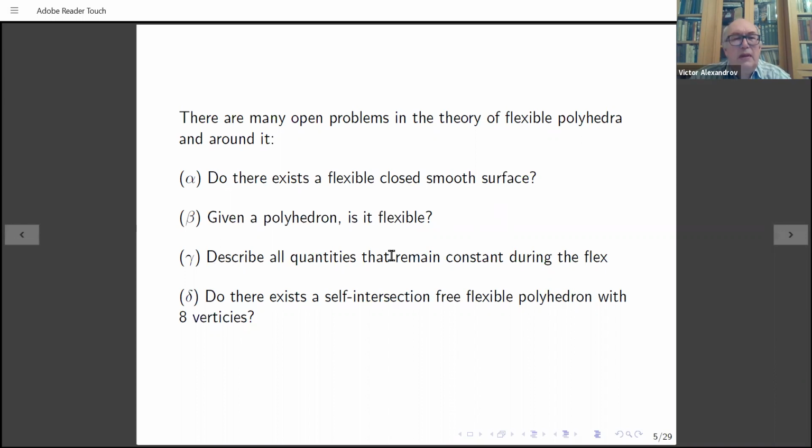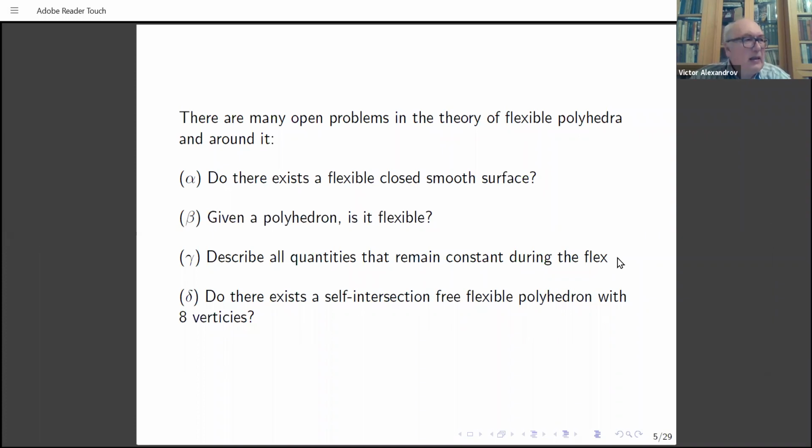The third problem is, describe all quantities that remain constant during the flex. At the previous slide, I have mentioned a few quantities that remain constant. But in this third problem, I want to know all quantities that remain constant during the flex.